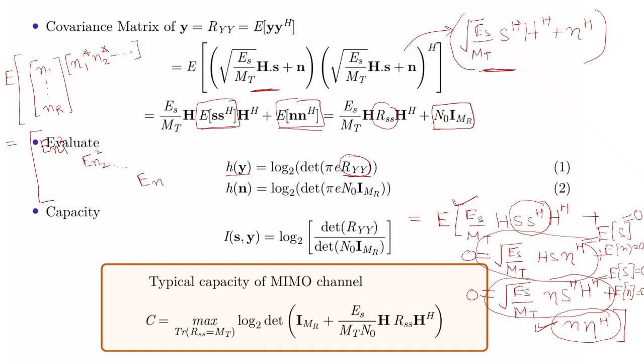Expectation of N_MR square. Whereas in the non-diagonal elements, you will get expectation of Ni Nj conjugate, and similarly expectation of Nj Ni conjugate. All these non-diagonal elements would be equal to 0 because noise samples are independent.